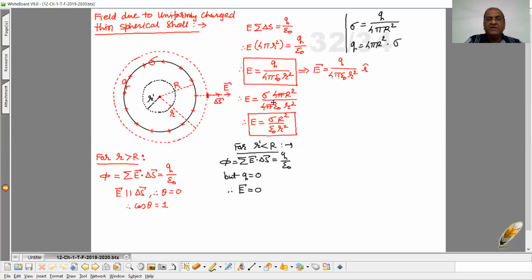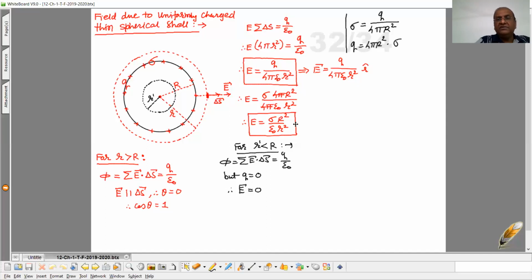As it is, 4 pi cancels. So the electric field is sigma R square upon epsilon 0 small r square. So you can write the equation of the electric field in terms of the charge residing on the shell like this, and then the electric field in terms of the surface charge density of the spherical shell as this one. Clear to all of you?